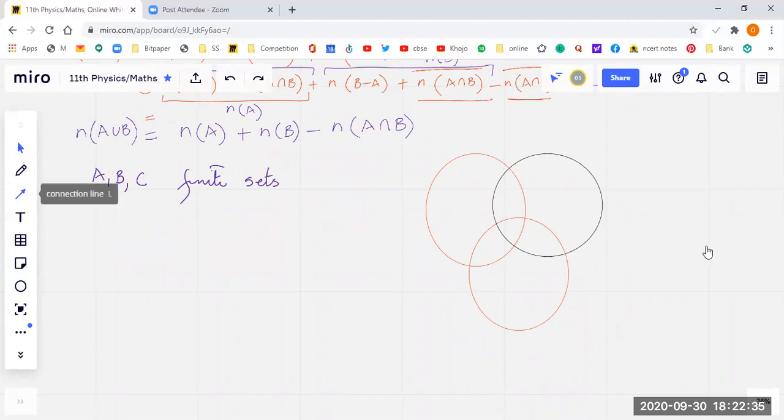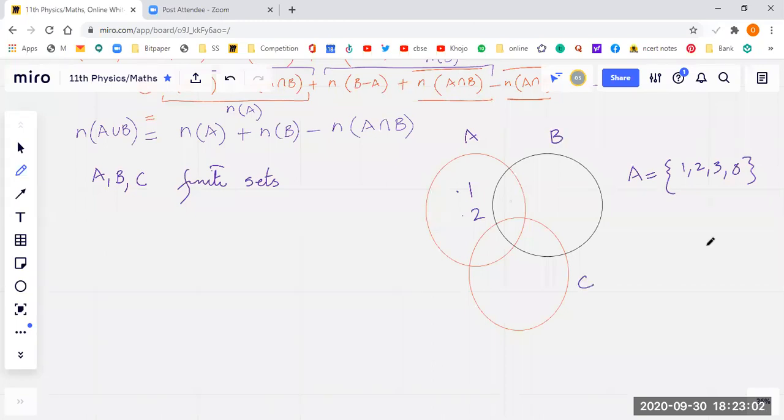Yes, students, just see. So here, my A set, I take 1, 2, 3, 8 elements in this, right? So like 1 and 2, 1 element is common. This is A set, this is B set, this is C set.